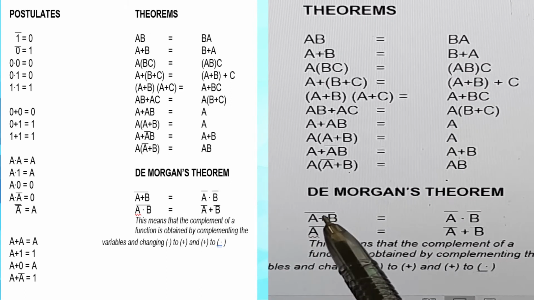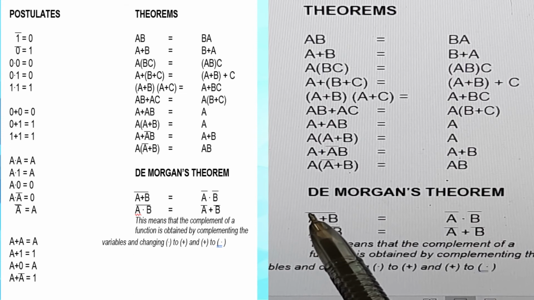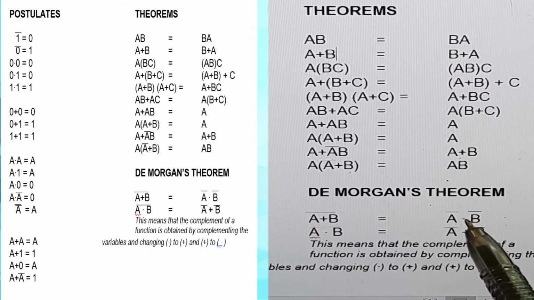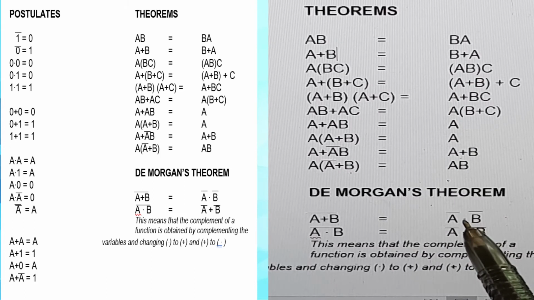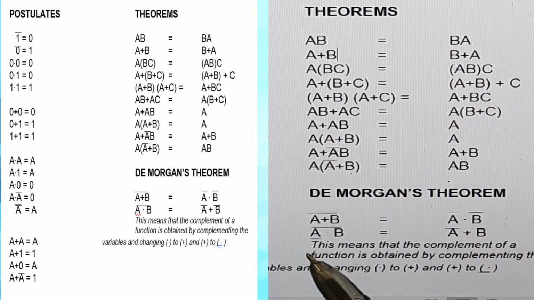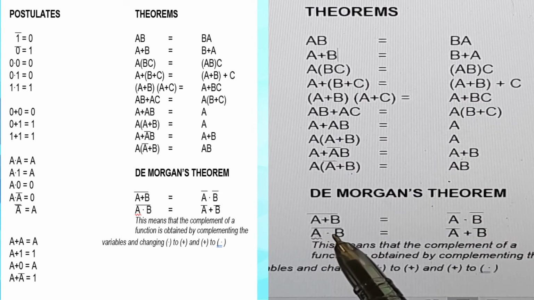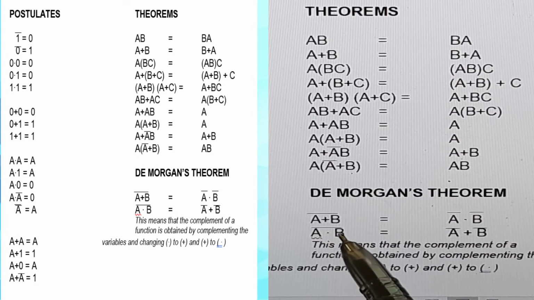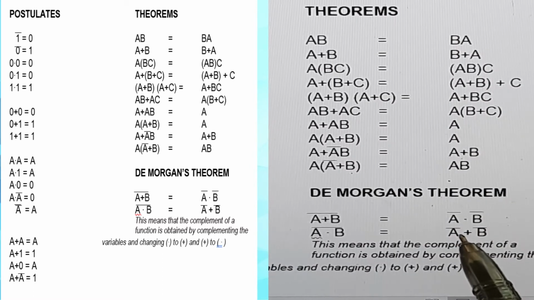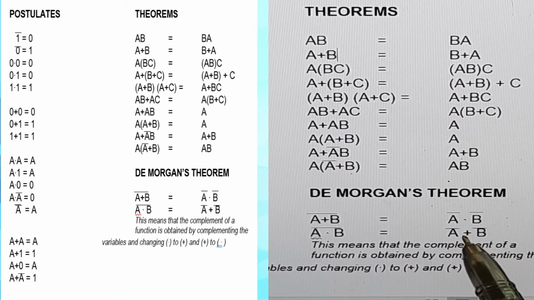Look at this: the bar over A plus B is from A to B. So the plus becomes multiplication, or the dot, and individually they each have a bar. Here, A dot B with a bar, or A times B bar, the opposite: the dot or multiplication becomes addition.